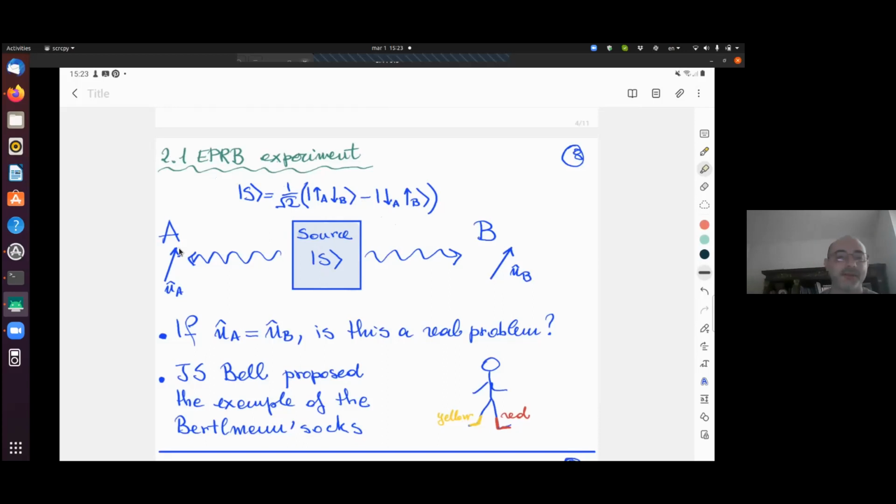One is measured by the observer A, and the other particle is measured by the observer B. Let's say that the first observer A looks for the projection of the spin of particle A on direction nA, a three-dimensional direction, and B does it in a direction nB, which for the moment is equal to nA.